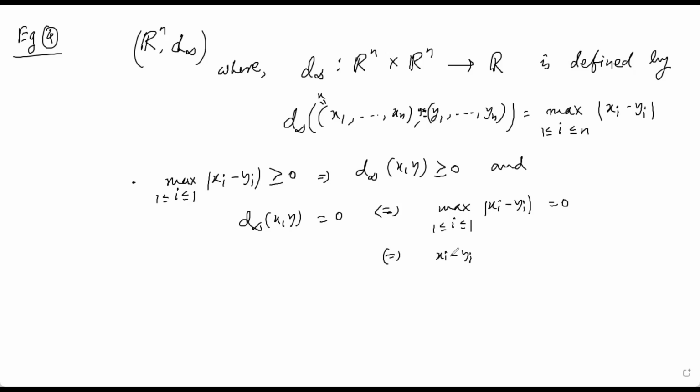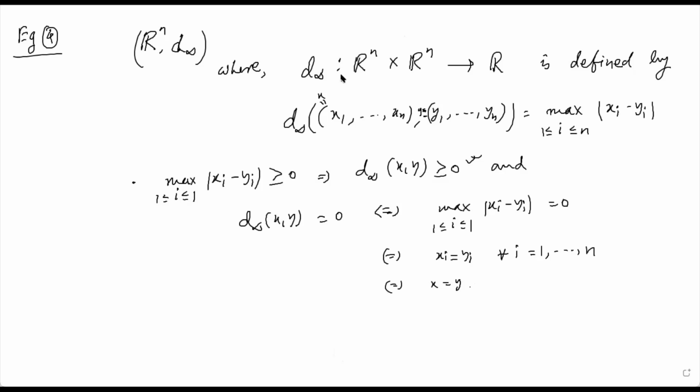So this is if and only if xi equal to yi for all i equal to 1 and so on up to n, and this is if and only if x equal to y. So equality holds here if and only if x is equal to y.